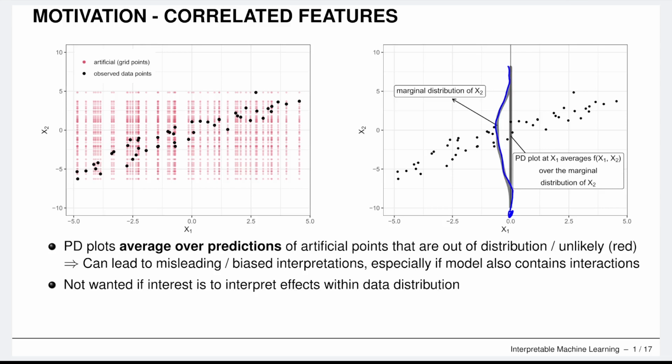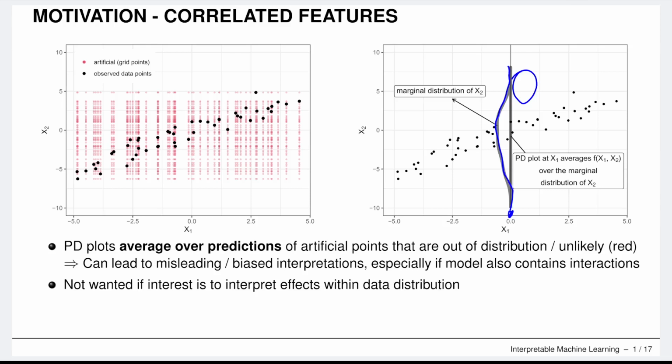In the end, the partial dependence plot averages over predictions that are in these regions where we usually don't have any observed data points. This can be misleading when we interpret the partial dependence plot, especially if the model itself contains interactions. This can be an unwanted behavior, as we will see in an example in a few seconds.